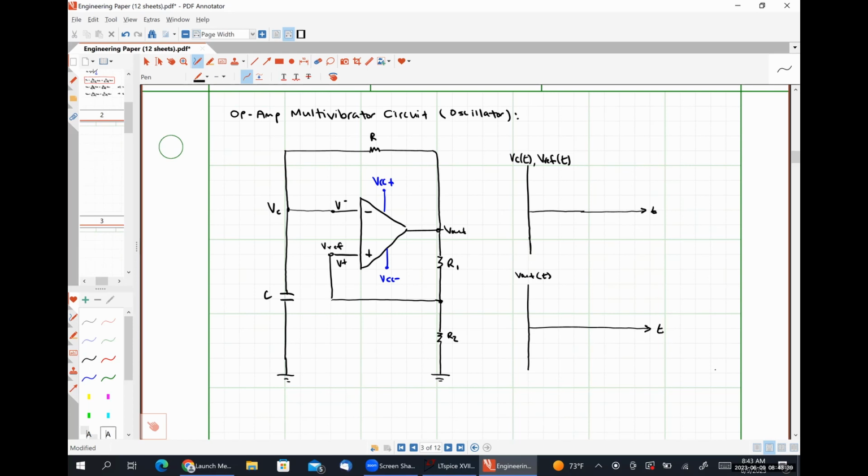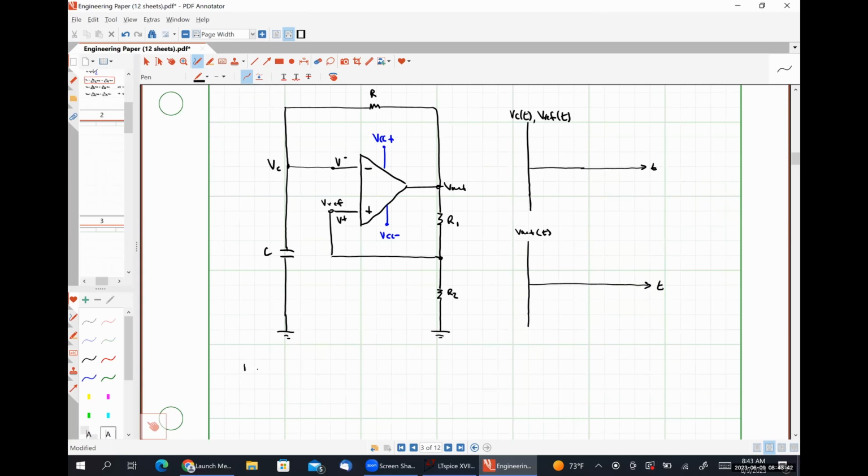Okay. So to start, we are going to assume that Vc of 0 is equal to 0 volts. And we are going to assume that V out of 0 is equal to our positive supply voltage. Okay.